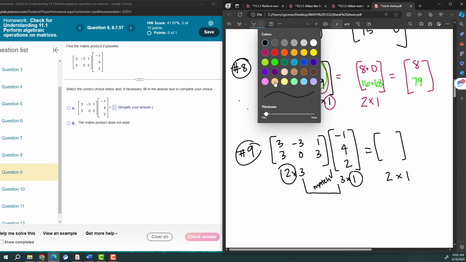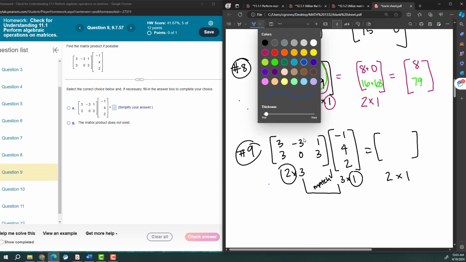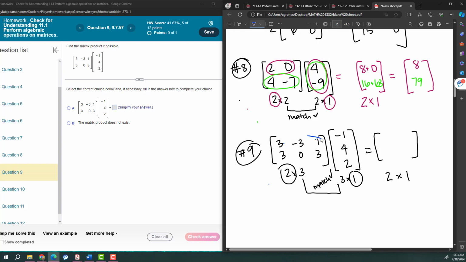Okay. So I'm going to do blue for our top position right here. So we take 3, let me actually make this a little bit bigger. All right, so we've got 3, remember our top row, times the column. So 3 times -1 is -3. And then we've got -3 times 4 is -12. So minus 12. And then our bottom is 1 times 2. So plus 2.